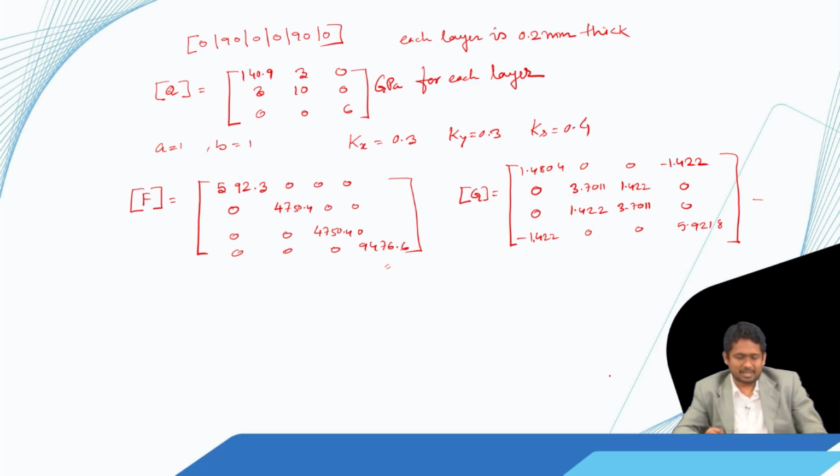Now, if I solve the eigenvalue problems, we get the eigenvalues, that means the buckling loads and the corresponding buckling modes. So, the results that we get are, let us say, n bar.